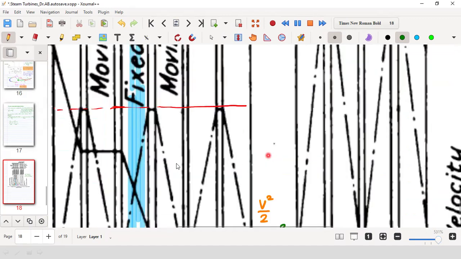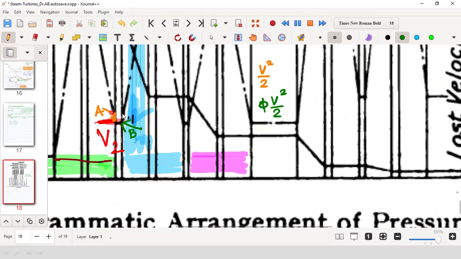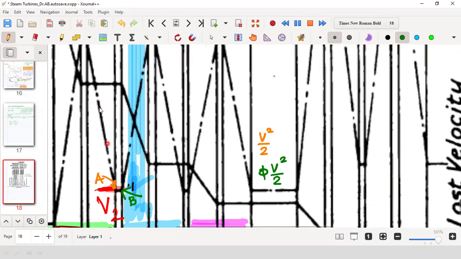This center line, the long chain dash line, is showing the velocity variation.